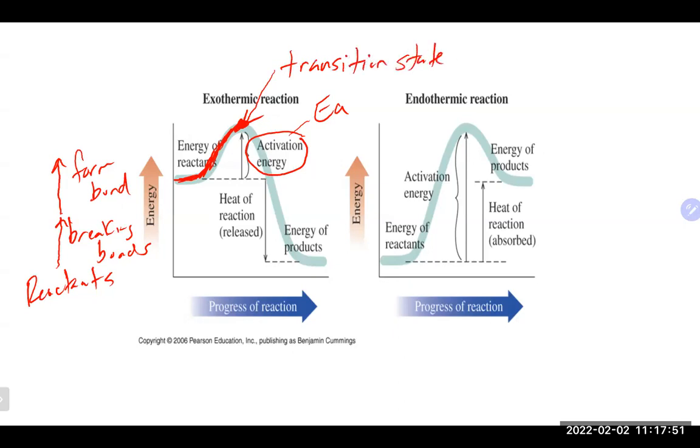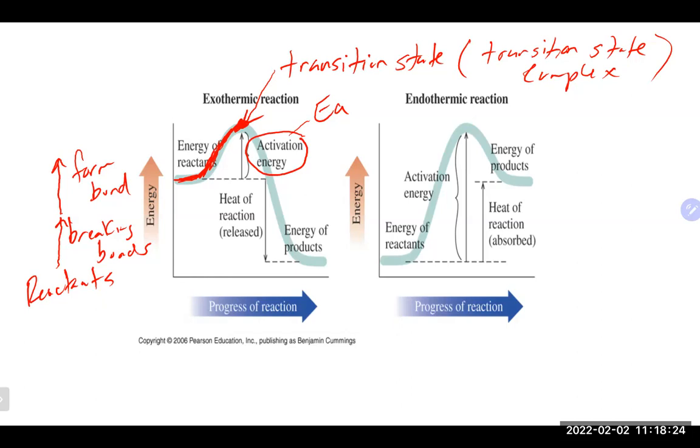In the transition state, we get what is sometimes referred to as the transition state complex, sometimes called the activated complex as well. Basically, at the very top of this hill, this transition state complex is a substance that has partially made bonds and partially broken bonds, like an intermediate between the reactants and the products.